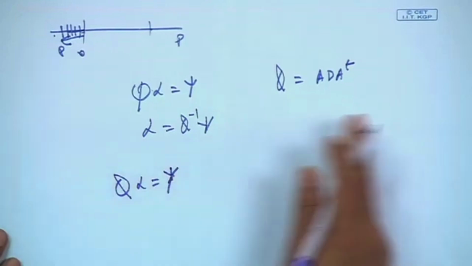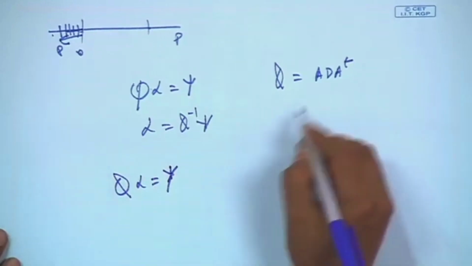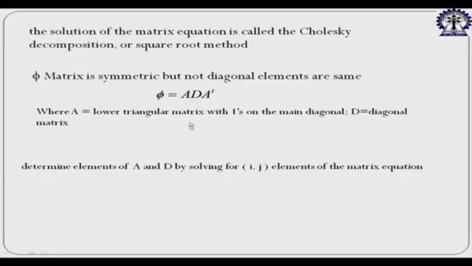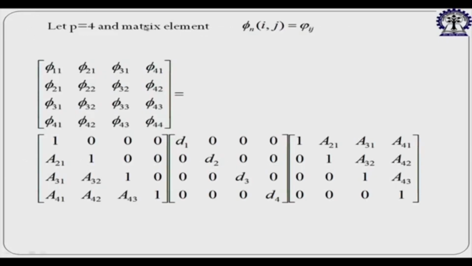Okay. If phi is this matrix, where A is called the lower triangular matrix with ones in the main diagonal, D is the diagonal matrix, and A transpose is the upper triangular matrix. Instead, let us solve for p equal to 4, order equal to 4.